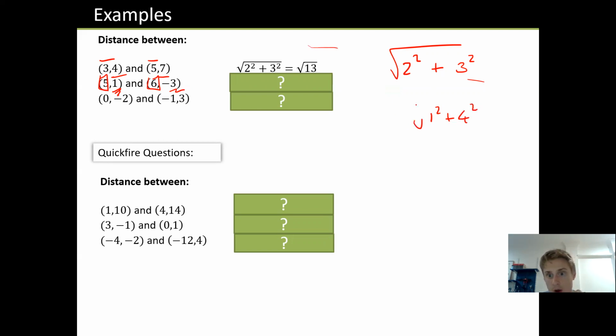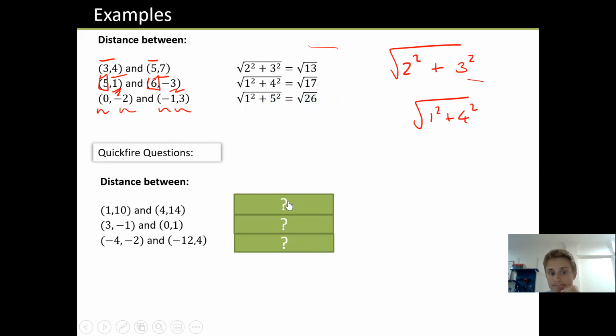You do not need to worry about your signs for this one, because we're squaring things anyway. You're not going to get any negatives, so that's not something to worry about. 0 to minus 1 is 1, minus 2 to 3 is 5, 1 and 5, root 26.